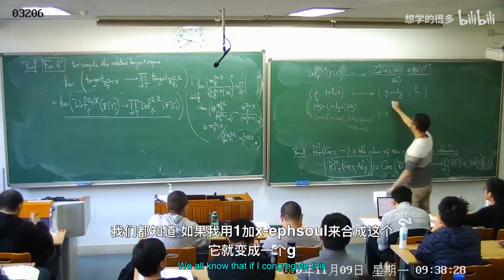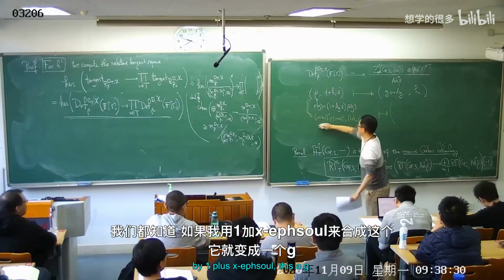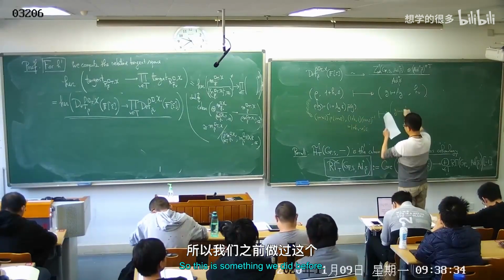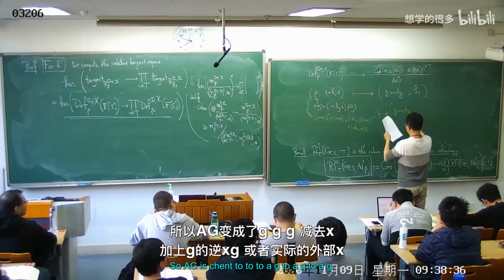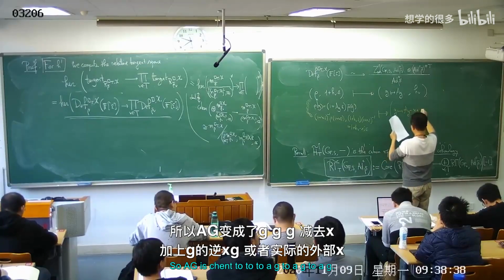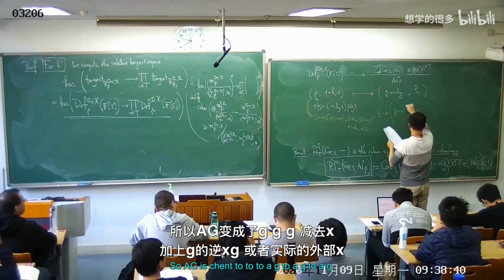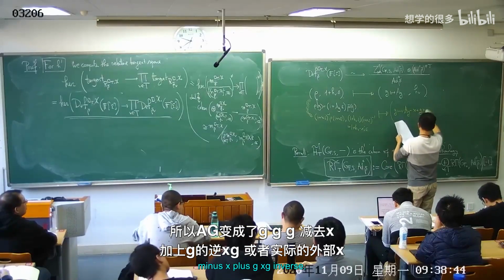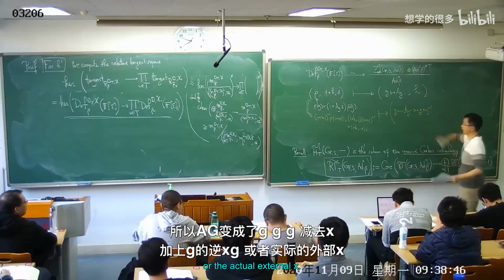We all know that if I conjugate this by 1 plus x epsilon, this is something we did before. So ag is changed to ag minus x plus gxg inverse, or the adjoint action on x.